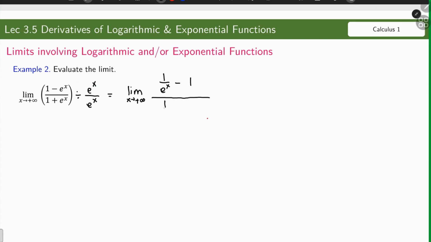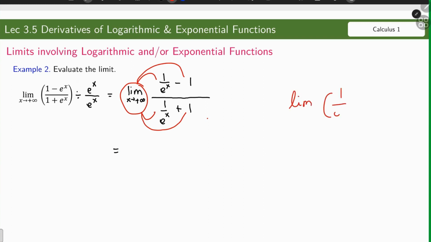And then 1 over e raised to x plus 1. Okay. And then we distribute the limit operator to all of this. Take note that the limit of 1 over e raised to x as x approaches infinity. So, eto na yung pwedeng maging equal sa 0.